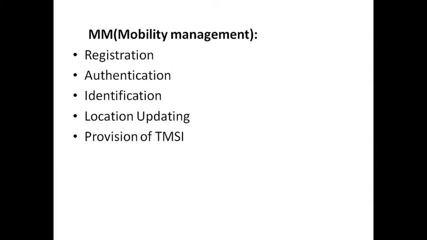This identification is not revealed to everyone every time. The identity of the GSM customer is hidden all the time in order to provide security. Only the TMSI number is released, that is the Temporary Mobile Subscriber Identity. This TMSI replaces the IMSI number. The IMSI number would reveal every piece of information about the mobile station.